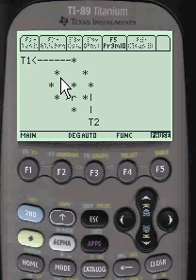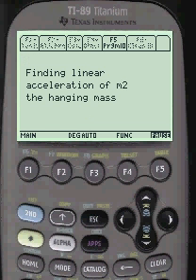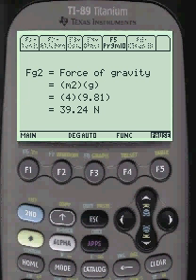And I gave you the free body diagram of the pulley, the torque of the pulley, tension of the pulley. Here we go, tension T1 and T2. You draw it just like that. I can't draw a circle, but you can get the idea. And we're finding the linear acceleration of the mass hanging. Here's the force of gravity.